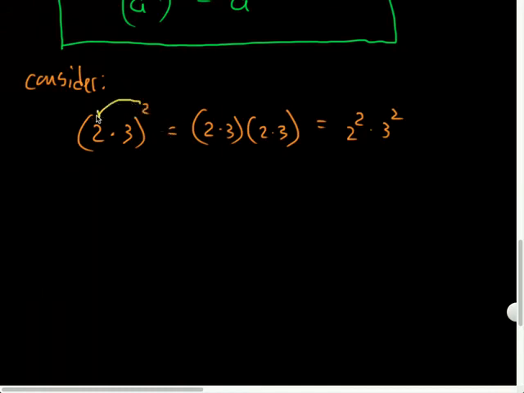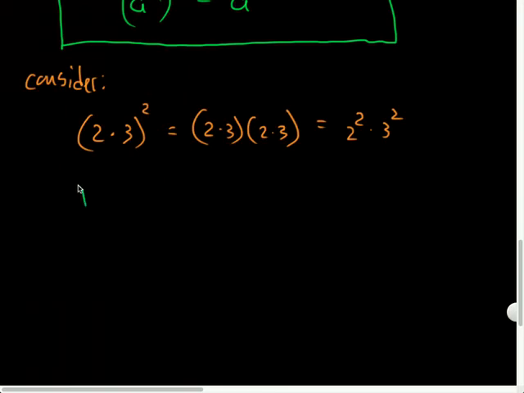Yeah, perfect word. I would describe that as distribution. Just like how multiplication can be distributed over addition or subtraction, it turns out exponentiation can be distributed over multiplication. So that's a distributive property.